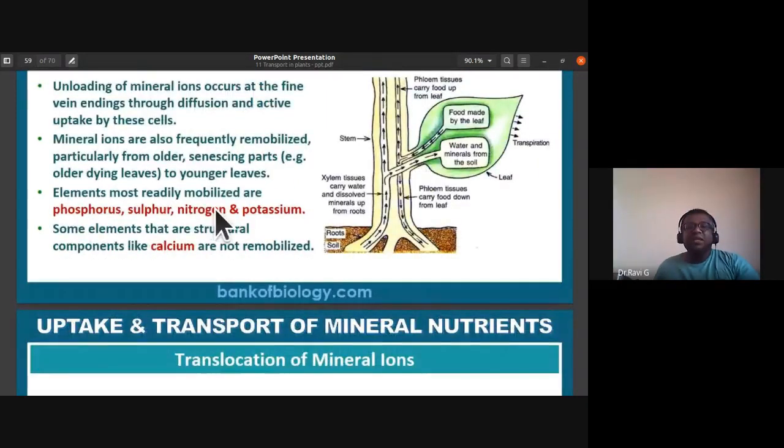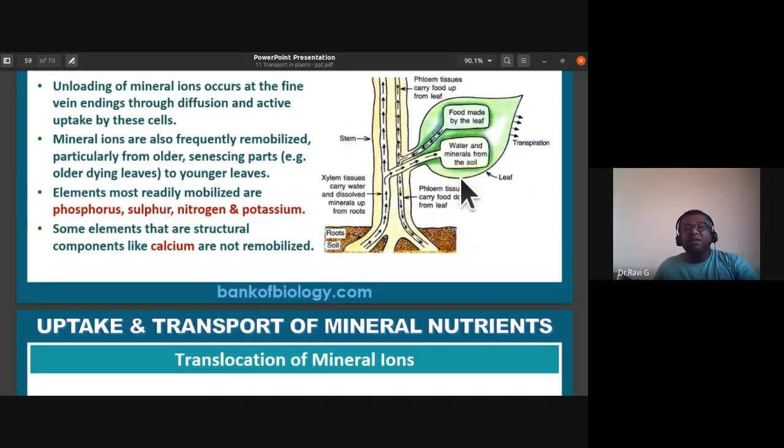The elements which are remobilized, you can remember as NPKS. N is nitrogen, phosphorus, K stands for potassium, S is sulfur. They are the remobilized ions from the older senescing leaves to younger leaves.